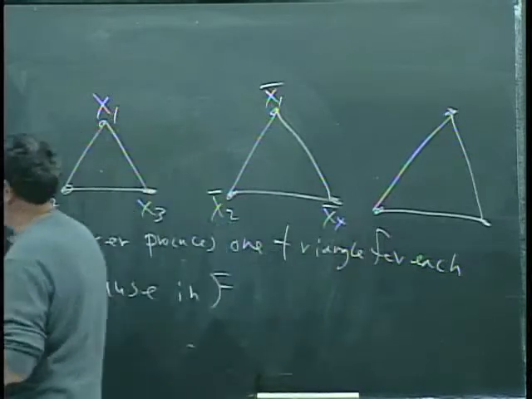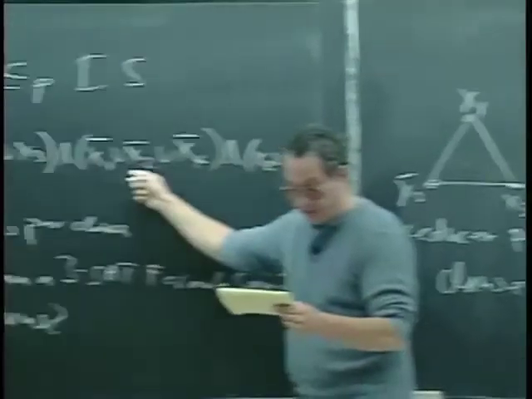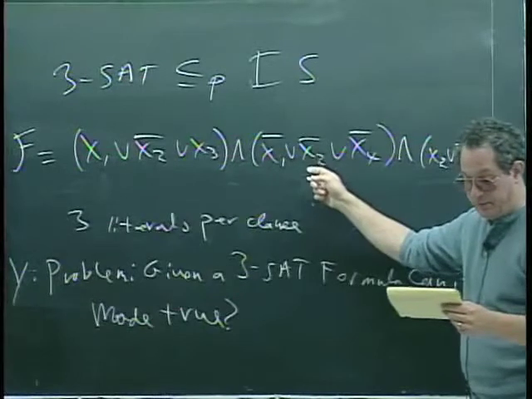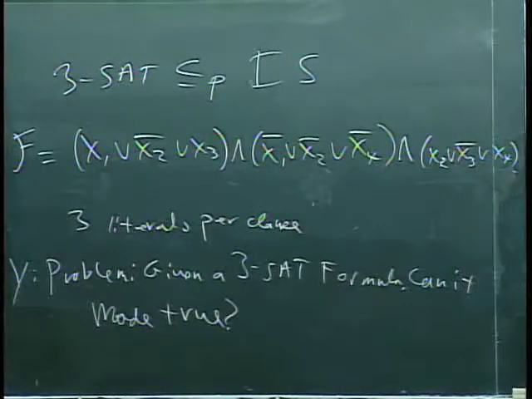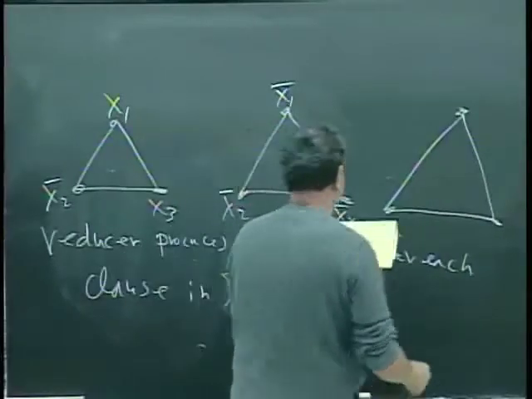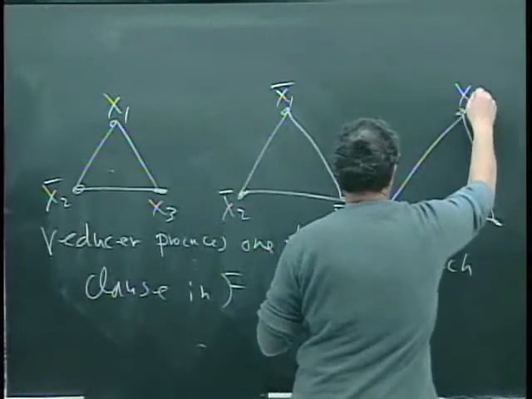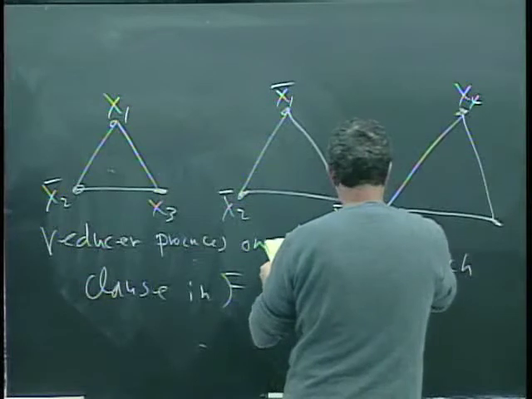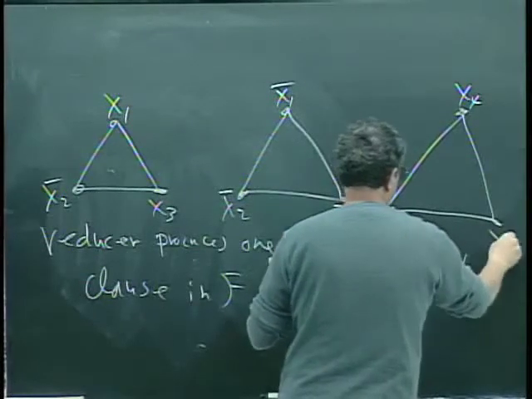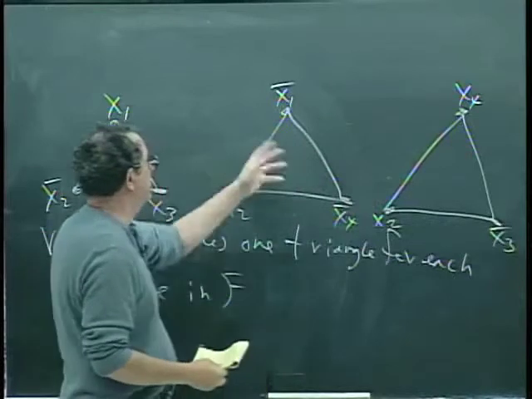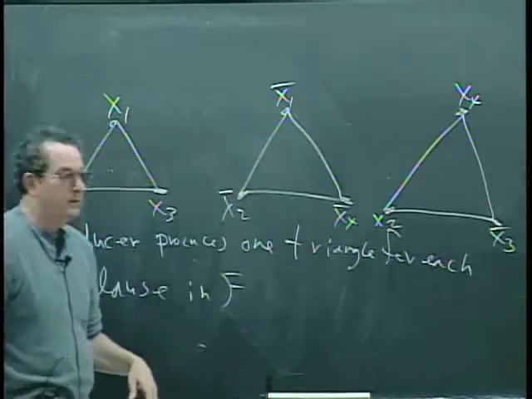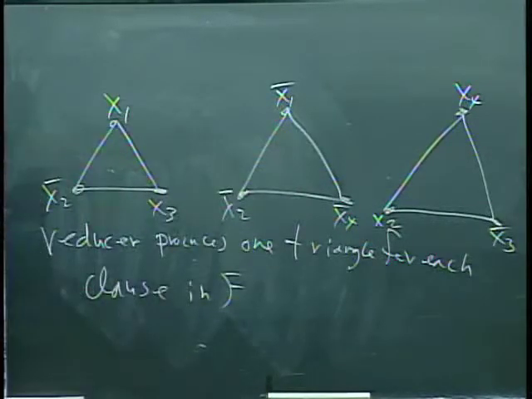So now, I guess there was a question here because my handwriting wasn't good enough. This is x2 bar because I have it on this triangle. And then for the third clause, we have x4, x2, x3 bar. And it doesn't matter where you put the literals, but it has to be consistent with the edges that are coming next.